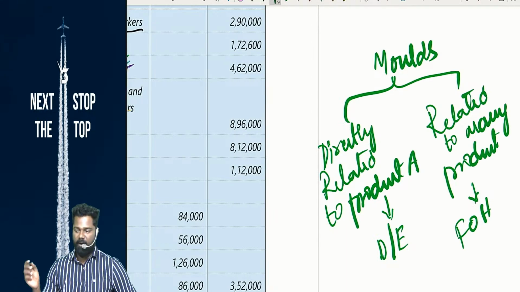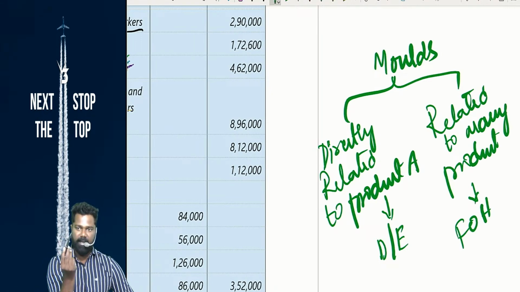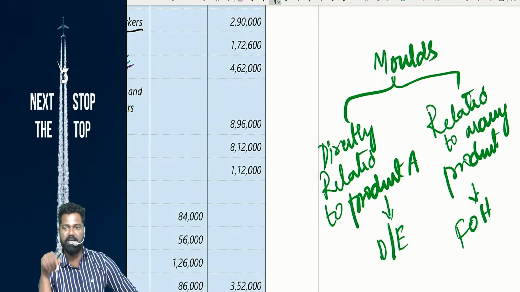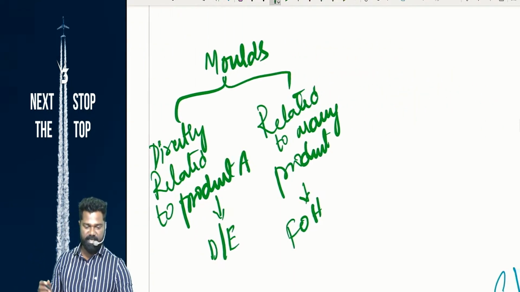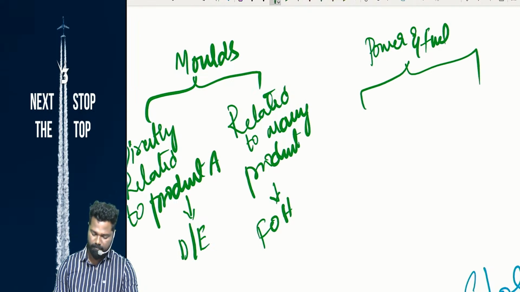Same way, power and fuel also. Take power and fuel. If power and fuel is for a specific cost object, it means for a specific product, then it is a direct expense. If it is for many products, general, then it will come under factory overheads. Are you clear or not? Same way, write here: power and fuel, general, specific. Tell me what is the treatment?